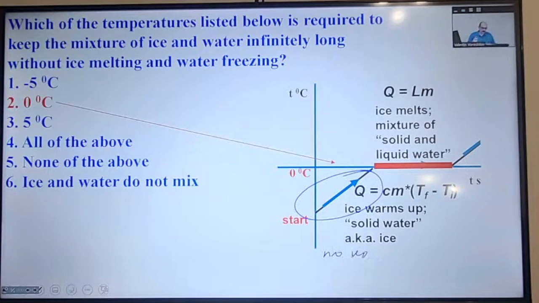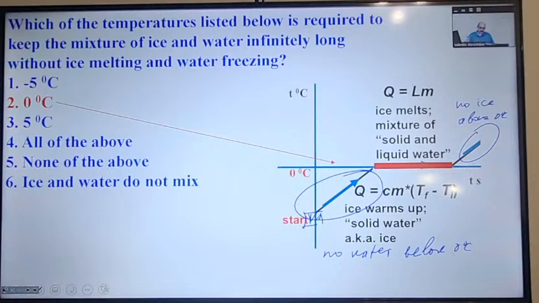No water below 0. That's only ice. And there is no ice above 0. So if we start from ice at -5 degrees Celsius, it can't immediately start melting.